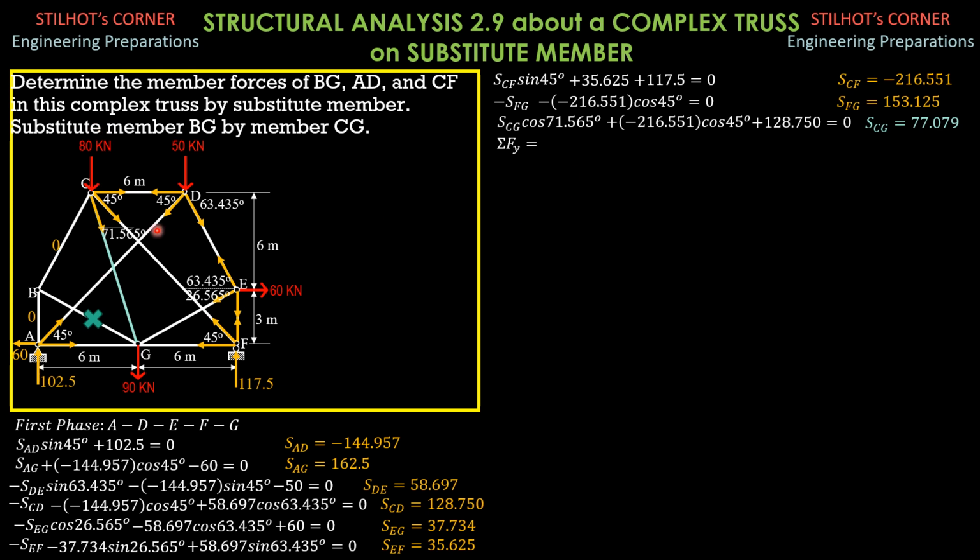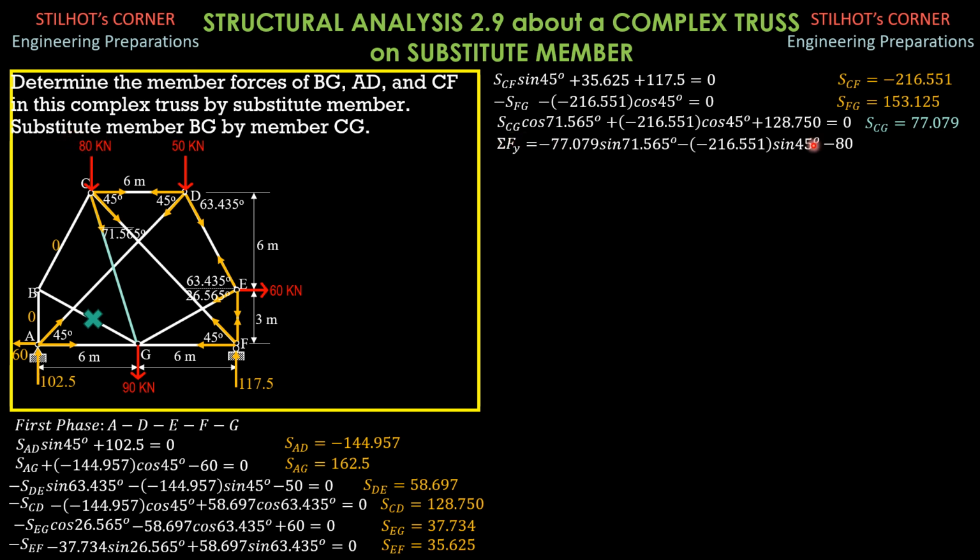Let's check. Summation of forces Y is negative 77.079 sine 71.565, the Y component of this member. Then negative SCF, so negative of negative 216.551 sine of 45 degrees, then minus 80.